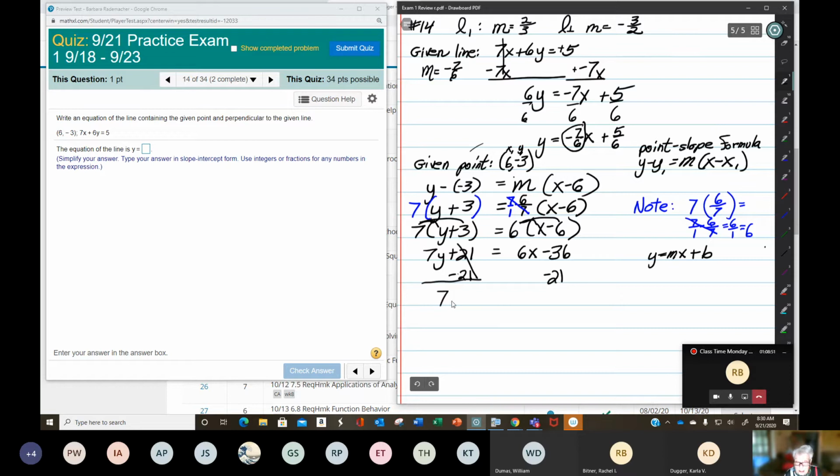I'm left with 7y equals 6x. Now I take away 36 and I take away another 21. That means altogether I've taken away 57. And then I divide by 6.